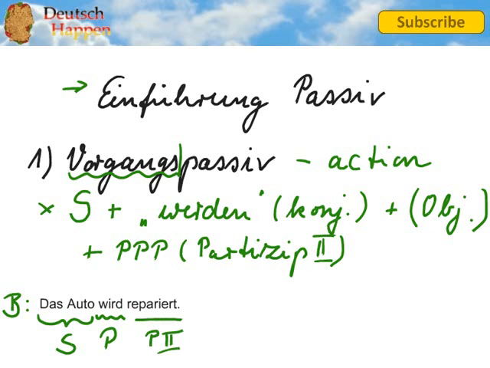So Partizip 2, participle of the past of the infinitive, let me put it here, reparieren. So the past participle of reparieren is repariert. The wird again is the conjugated form of werden, and our subject, that's easy, that's das Auto.